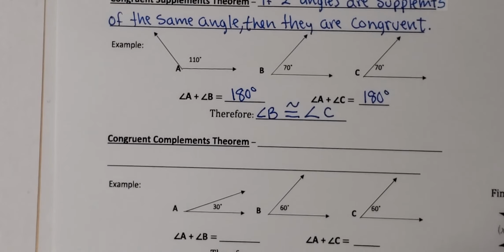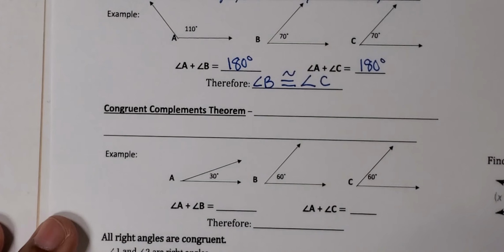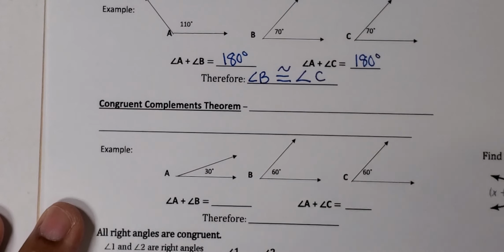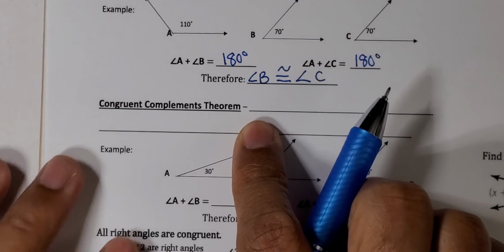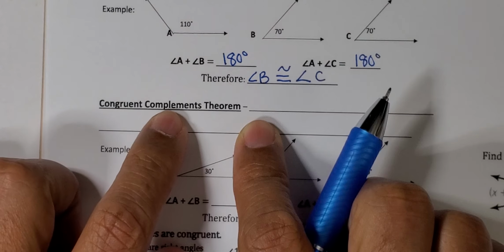So let's go to one more theorem. This theorem is called the congruent complements theorem. So this has to do with complementary angles.